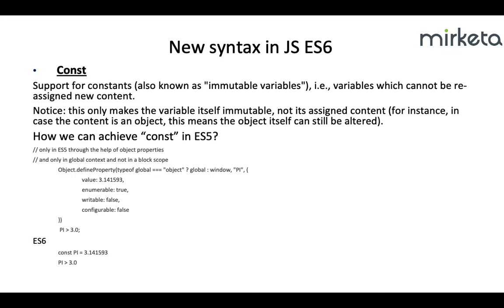But we can achieve the same with one line of code in ES6. Okay, here is the note. We make the variable itself immutable, not its assigned content. This means the object itself can still be altered.